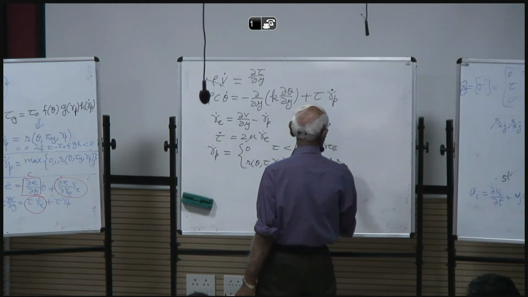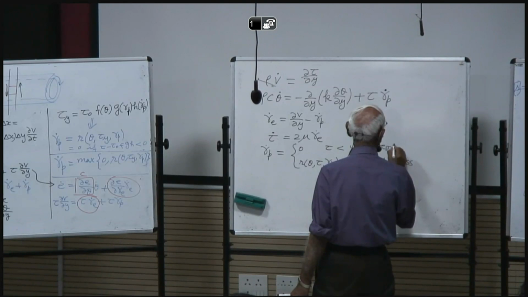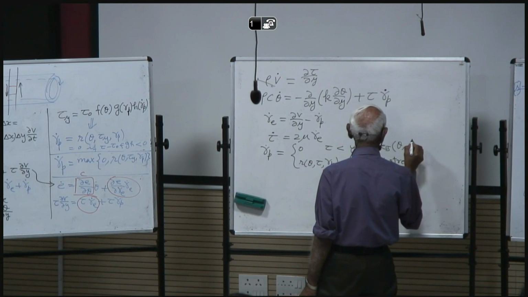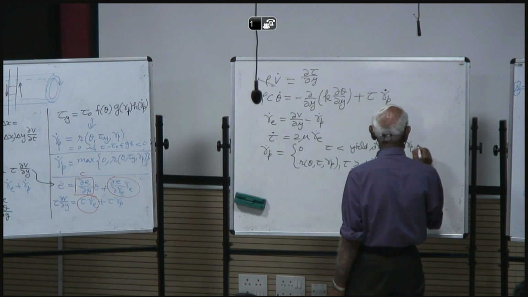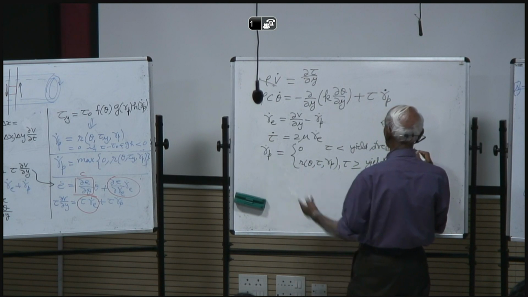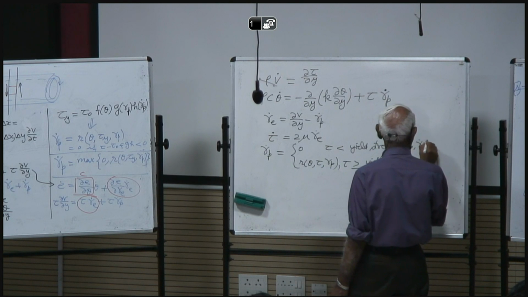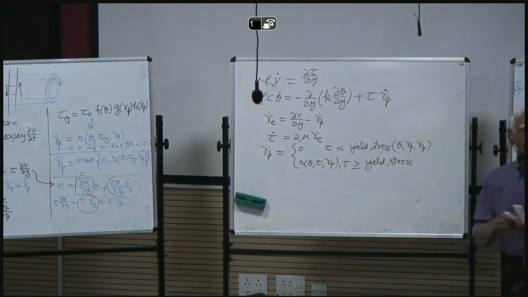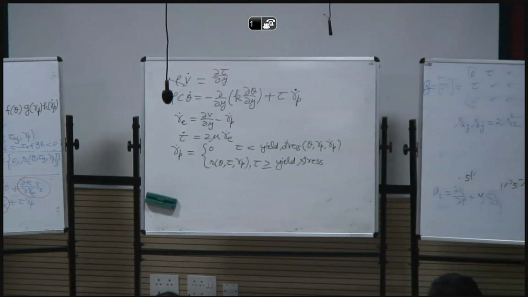When I write yield stress here, this yield stress is a function of temperature, strain rate, strain, and, no, strain rate I'm solving for. Yeah, it's a function of strain rate. So this is not yield stress like you get from a static test. This is different at different points in the body.